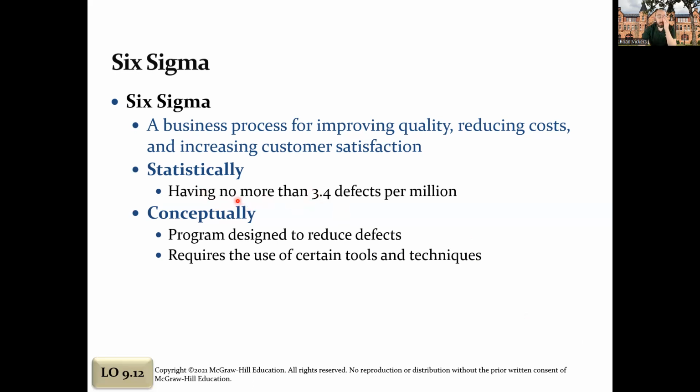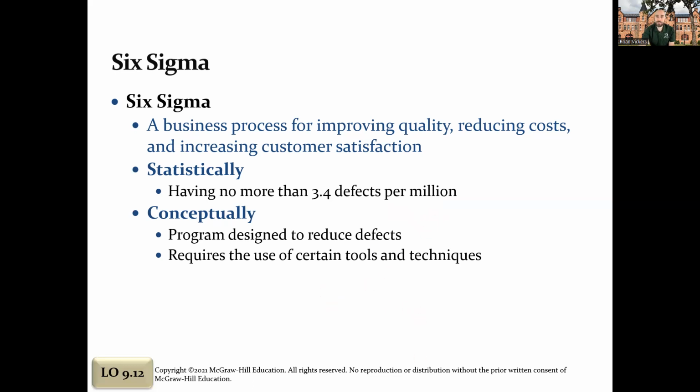But the idea is statistically, you would have no more than 3.4 defects per million occurrences. So virtually perfect quality is the idea. It rounds up to 100%.